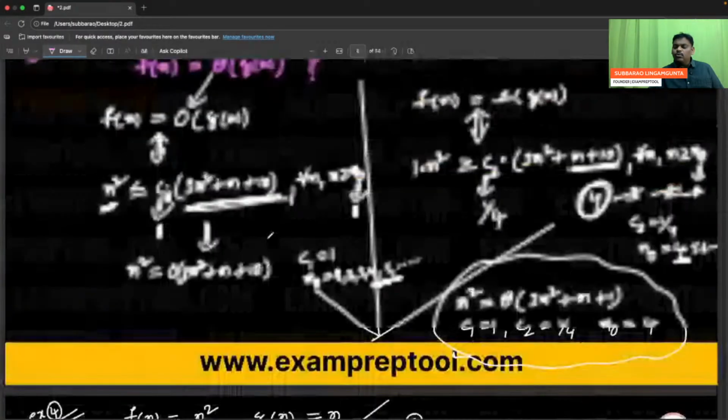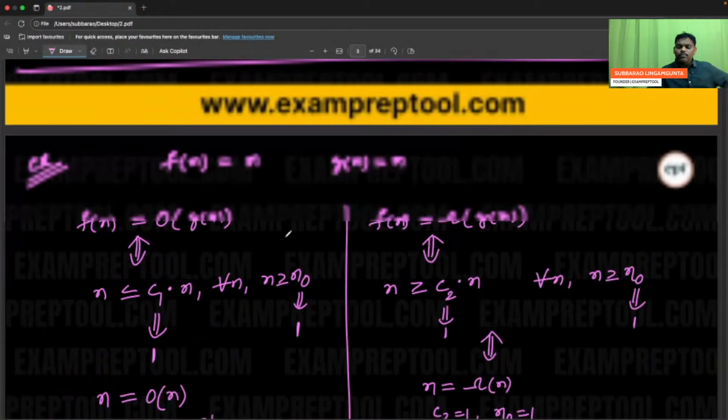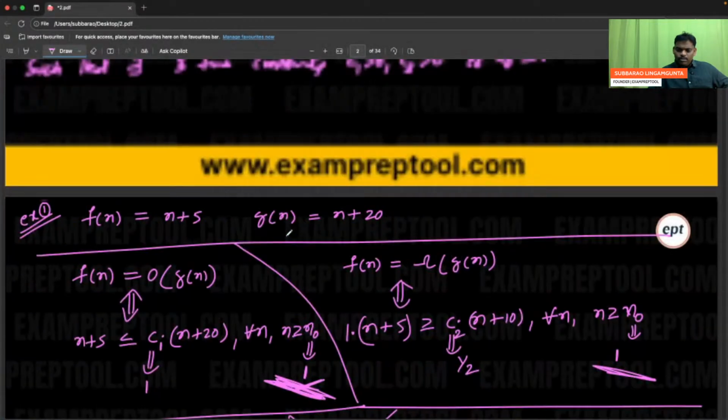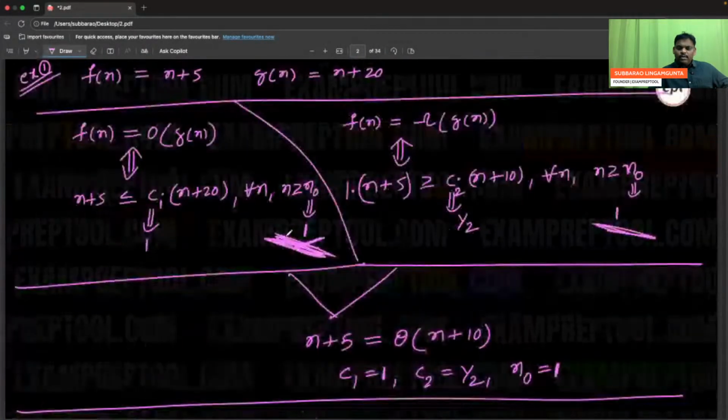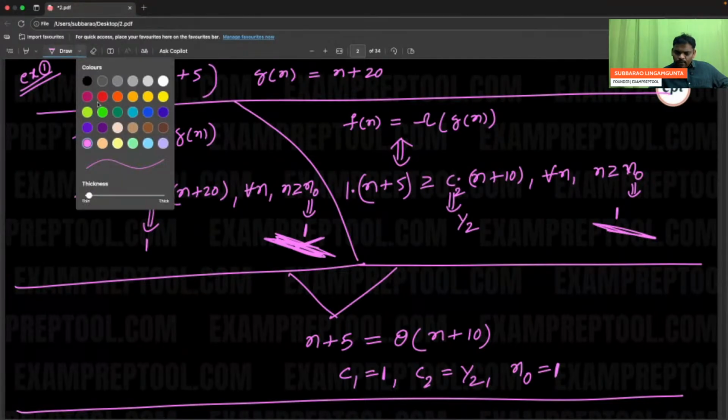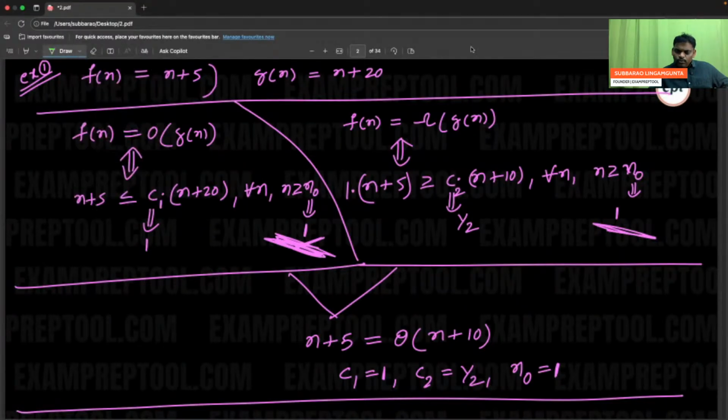If you see the conclusion of theta, everyone observe. Between two functions, theta is possible if the bigger function in both is the same. Here the bigger one is n, and here the bigger one is also n.